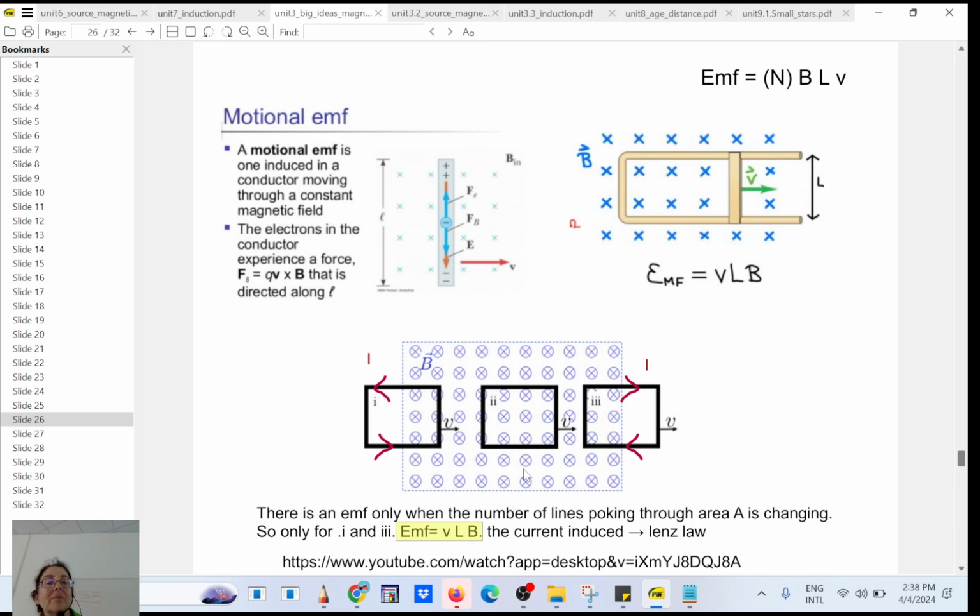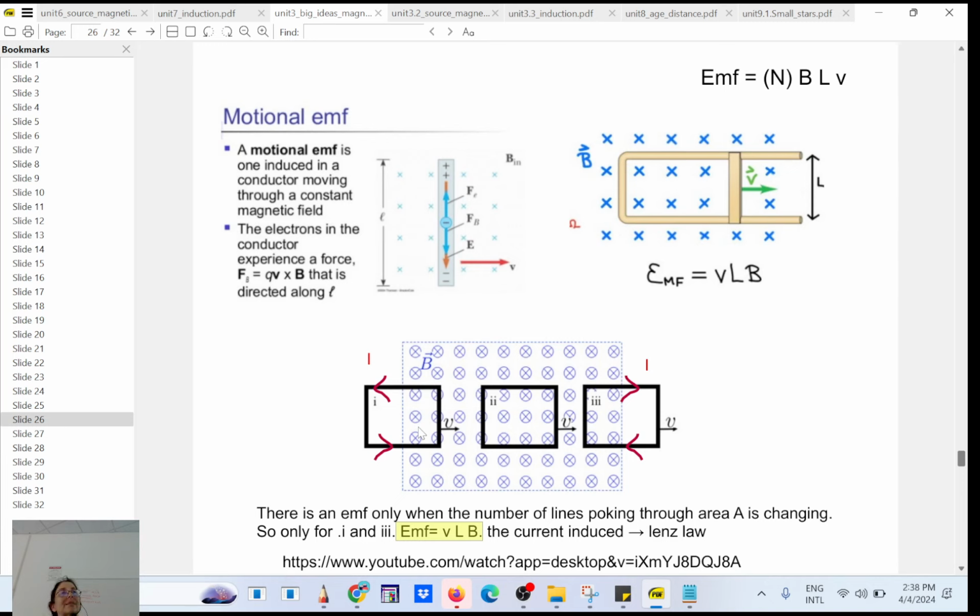So it's going to be the same thing here. You're going to induce a current, but that current is going to turn against whatever gave rise to it. So for example, here, what gave rise to this current? Is the magnetic field increasing or decreasing? Increasing. You say, I don't want the magnetic field to increase.